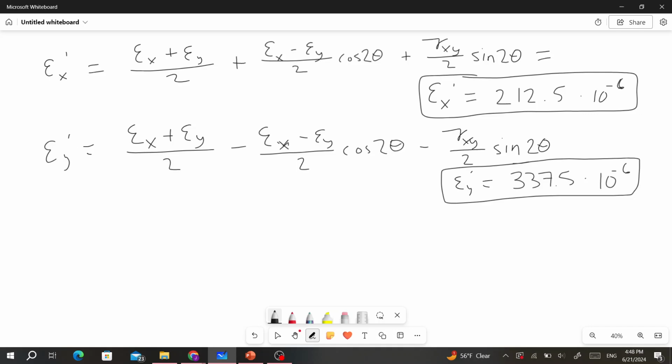So we have gamma x prime y prime divided by 2 equal to negative epsilon x minus epsilon y divided by 2 times sine 2 theta, plus gamma xy divided by 2 times cosine 2 theta.